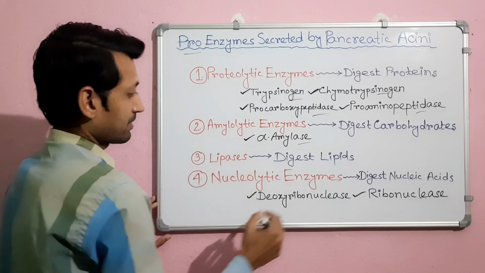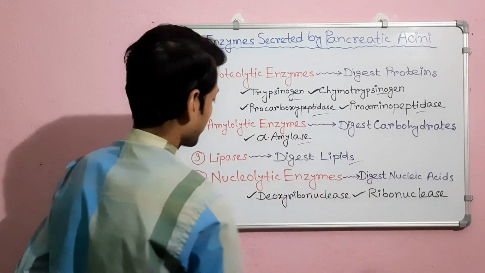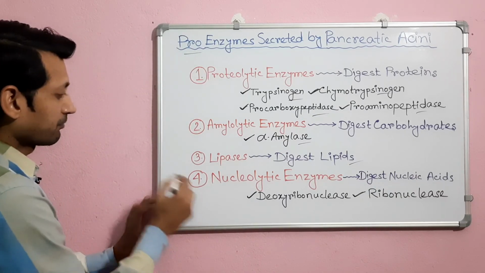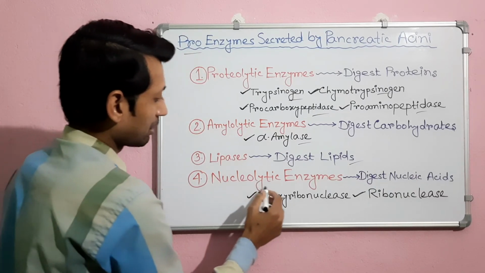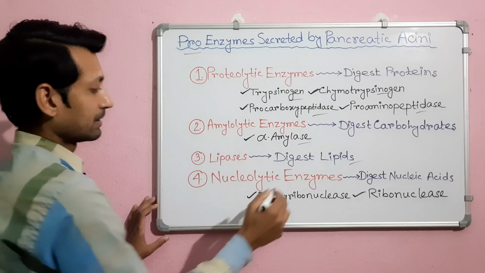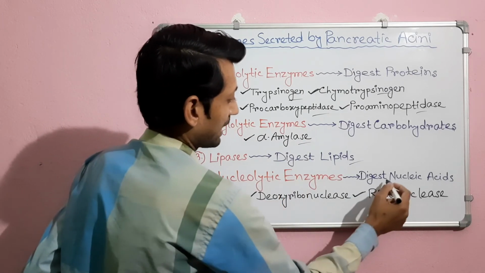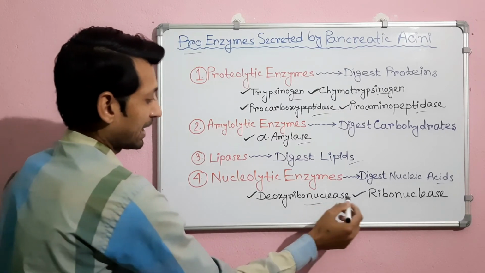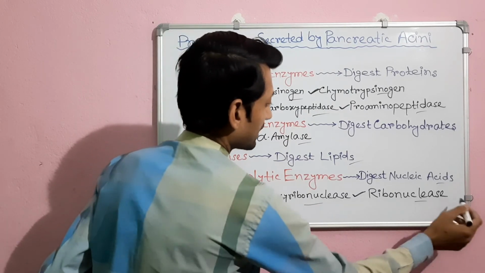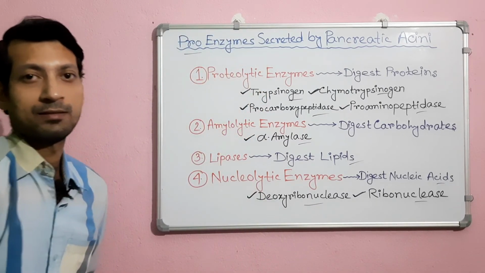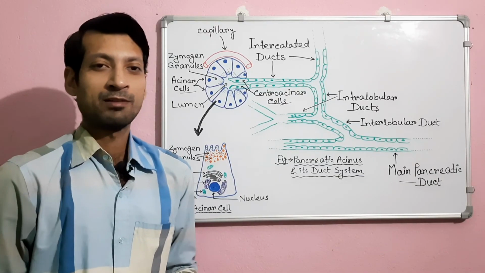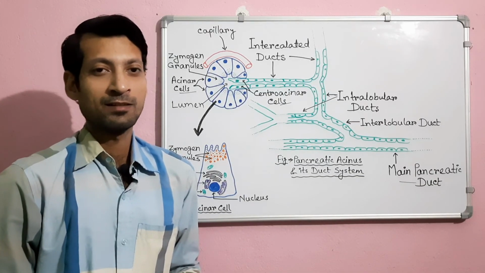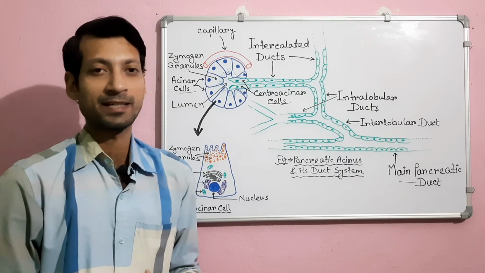These lipases digest lipids. And number 4, some nucleolytic enzymes. These enzymes help to digest nucleic acids. For example, deoxyribonuclease, ribonuclease, etc. So this is all about the anatomical and histological structure of the exocrine pancreas.